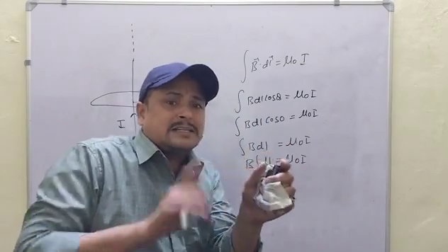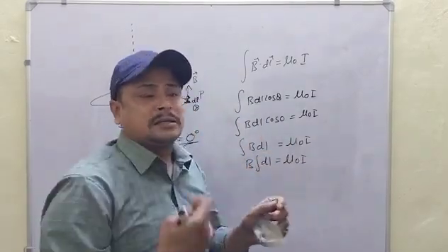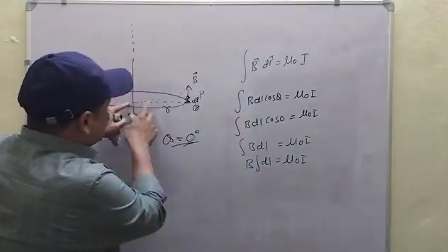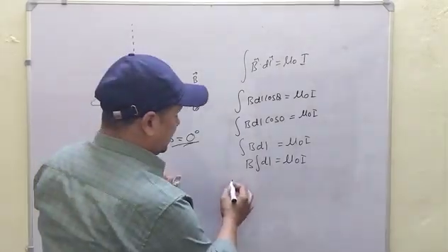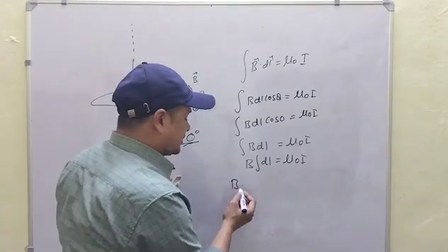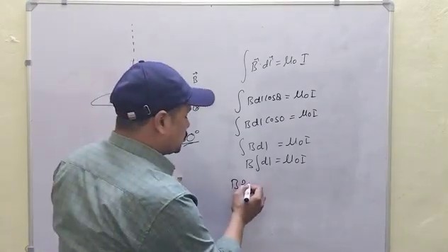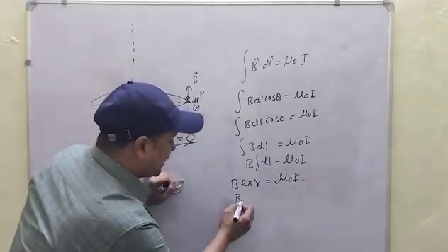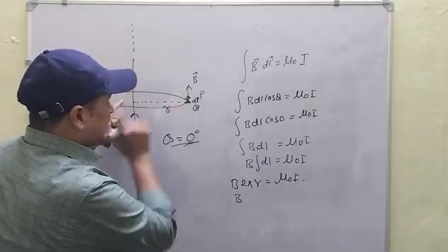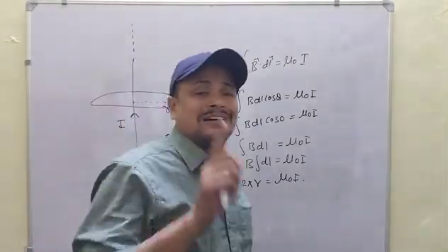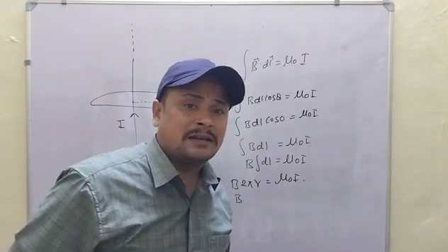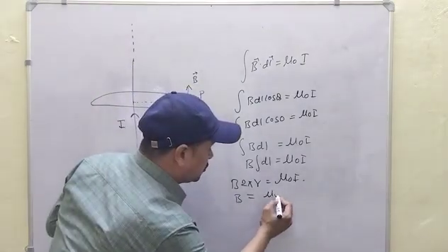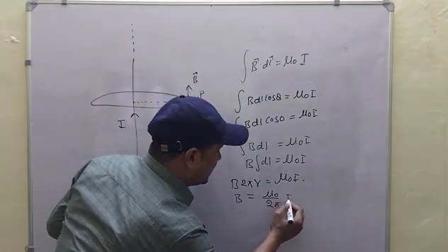After integration we get the complete circle, the circumference, which is 2 pi r, because the radius we are taking is r. So B times the integral of dl, which is the circumference 2 pi r, equals mu naught I. So the magnetic field at any location due to a current carrying straight wire of infinite length is given by B equals mu naught by 2 pi times I by r.